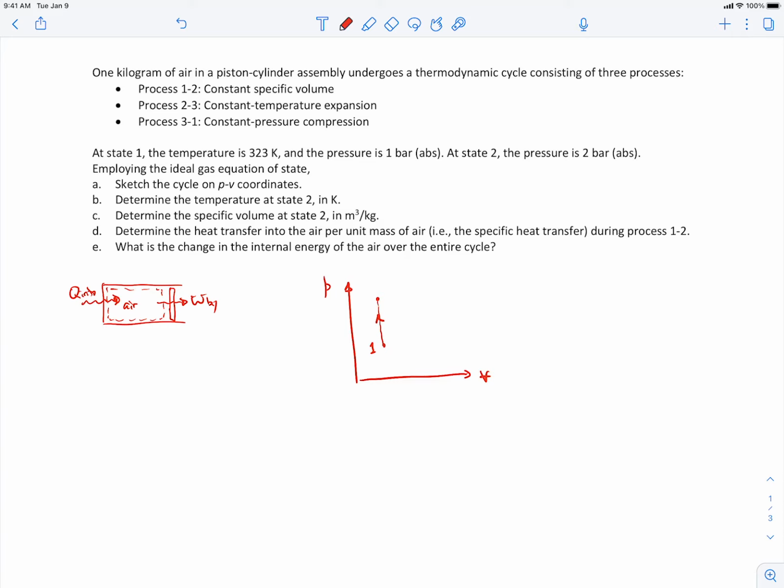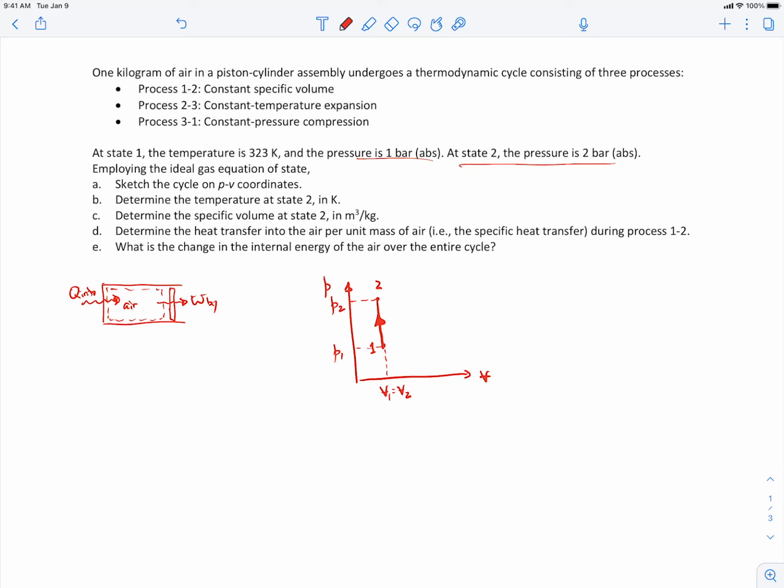Let me sketch that out. I'm drawing it vertically because it's a constant specific volume process. So V1 and V2 are the same. And I've drawn state 2 higher because I know that the pressure at 2 is 2 bar, and the pressure at 1 is 1 bar. So I know that the pressure is increasing from 1 to 2.